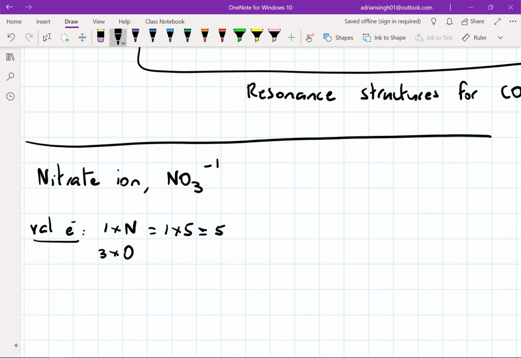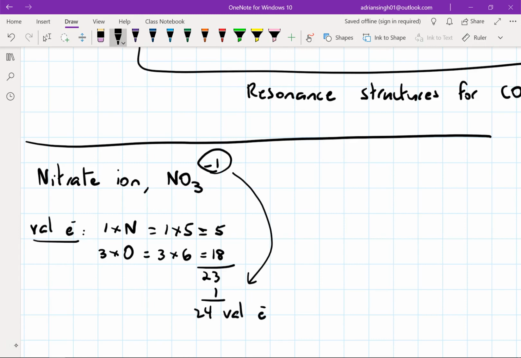We have 3 oxygens. Oxygen is in group 6, so 6 times 3 is 18. 18 plus 5 is 23. And now we have our negative charge here. We're going to add that in to give us a total of 24 valence electrons in your structure.